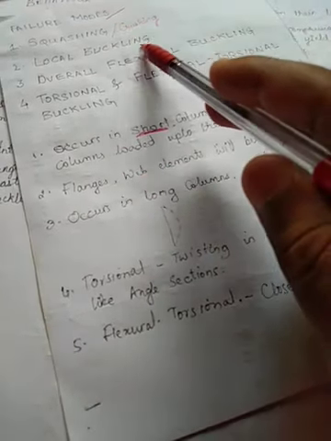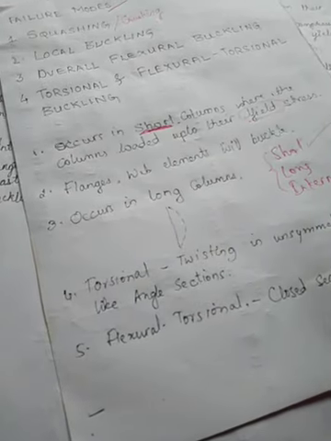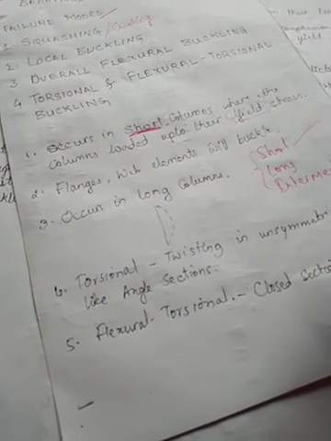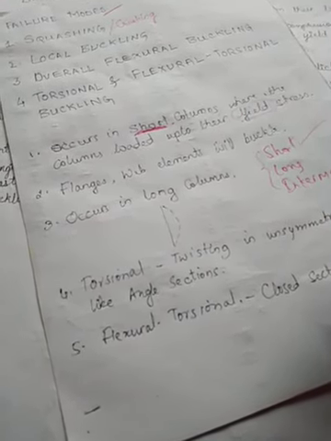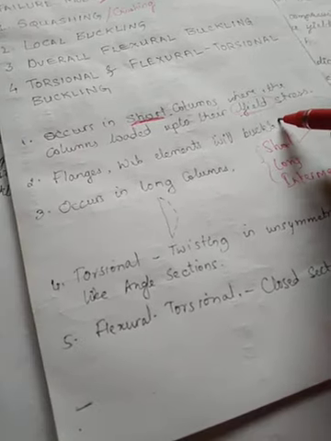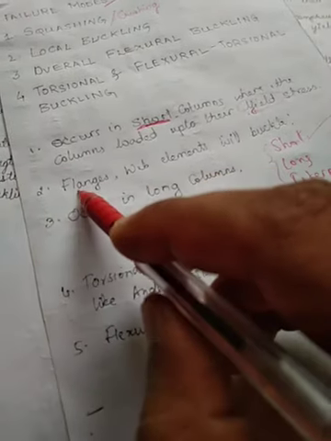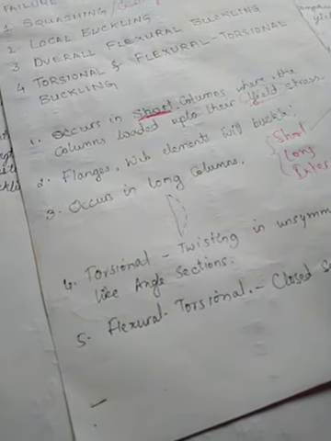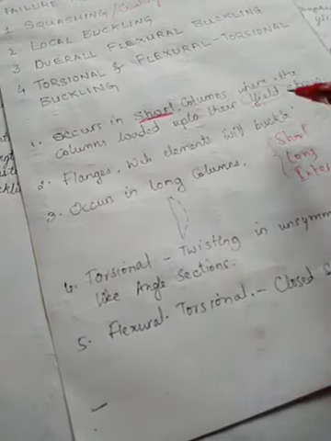Next type of failure is local buckling. Buckling in the sense is a bending nature. Literally, the meaning of buckling is what? It bends, or the imperfections in the member.